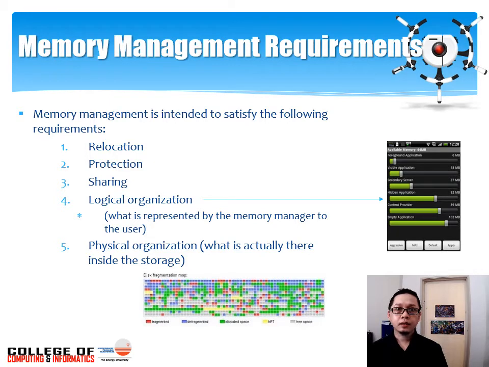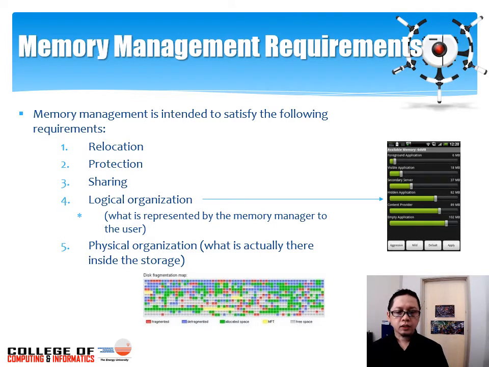And then secondly, the requirement of protection. It simply means that in order for a process to be swapping in and swapping out of this location, it must have the correct permission, and each process cannot interfere with another process that is allocating a certain spot in the main memory.